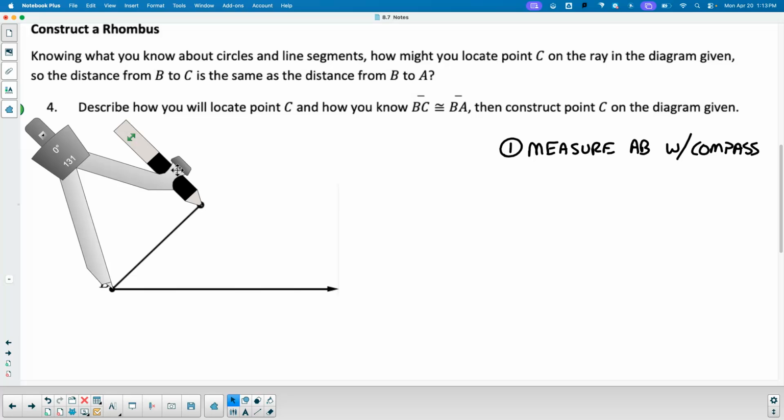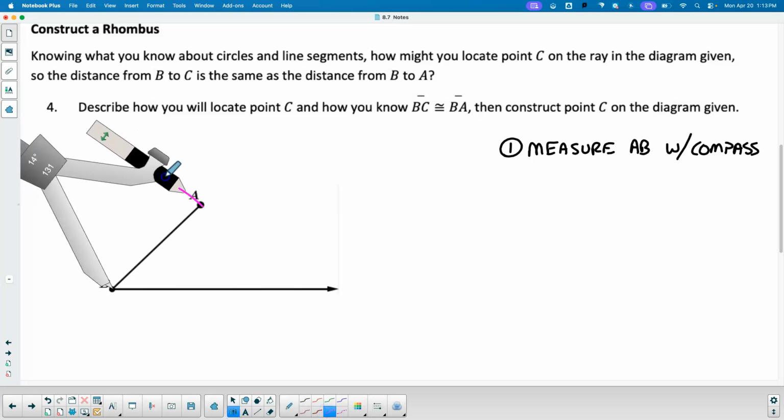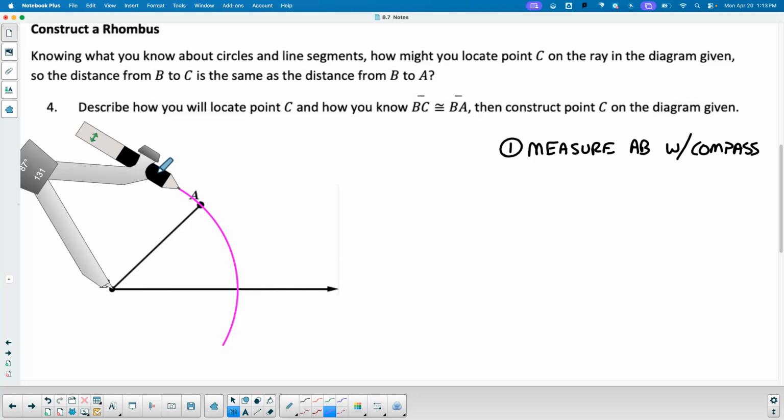Swoosh it. Okay? That's going to give you point C. What do you know about AB and BC? They're congruent, right? Which is good because we need them to be congruent in a rhombus, right?